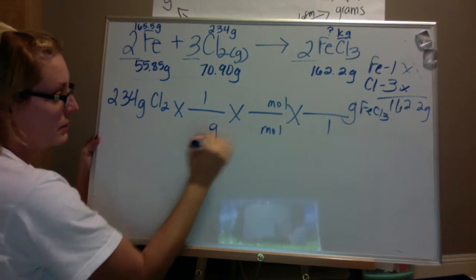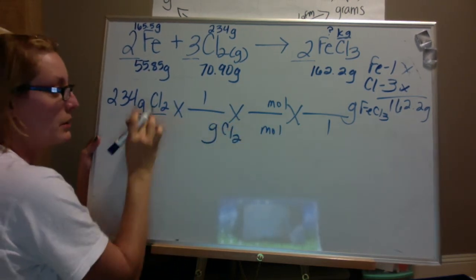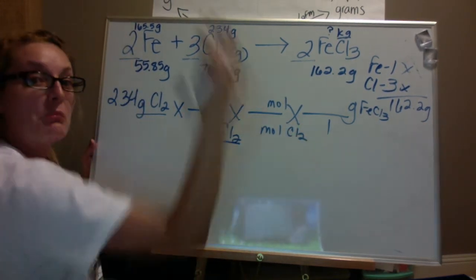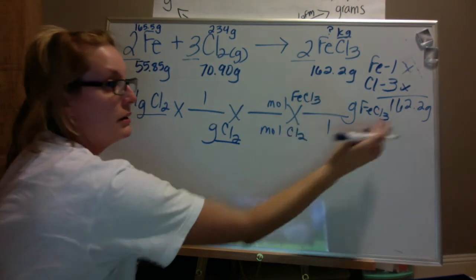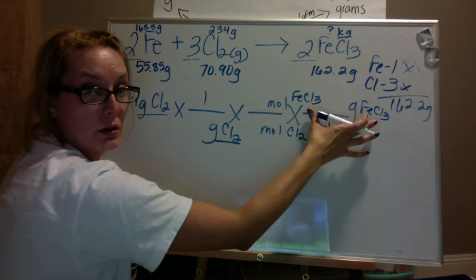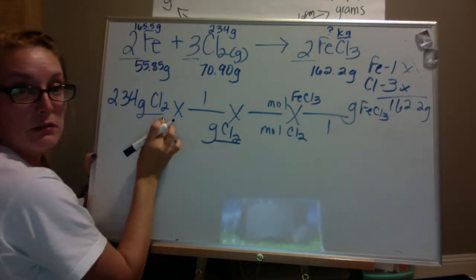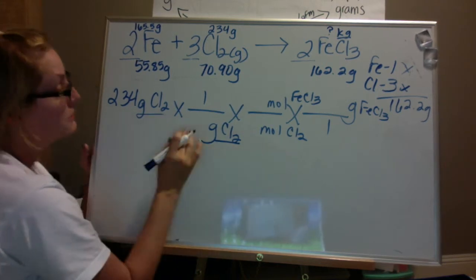So my gram amount for chlorine, remember chlorine's my given amount I'm using, so it goes on the bottom here and here. What I'm going to is FeCl3. It goes on the top here. And I've already put it there. So in the top 2 places is what I'm going to. On the bottom, 2 things that I'm given. In 2 different places, the thing that I'm given. That's where they go.